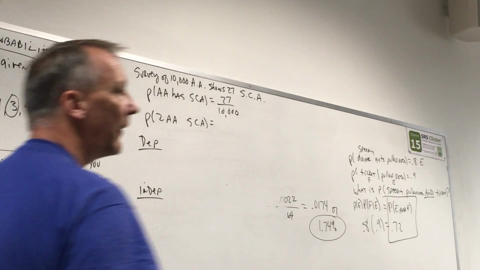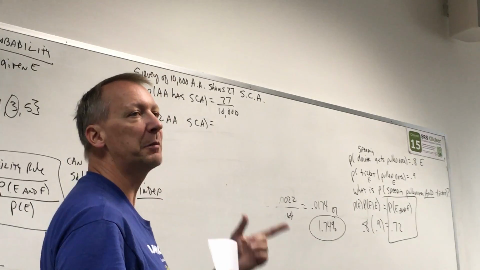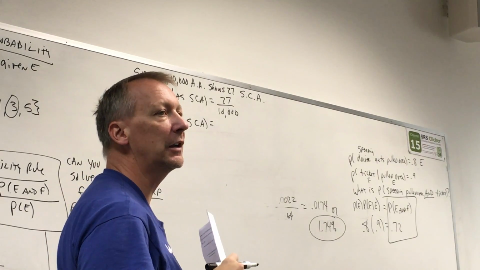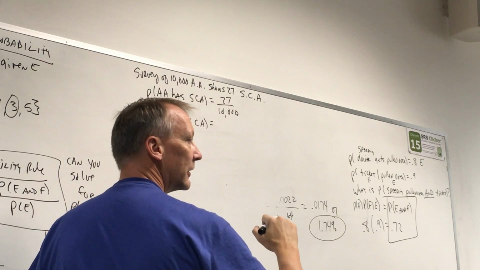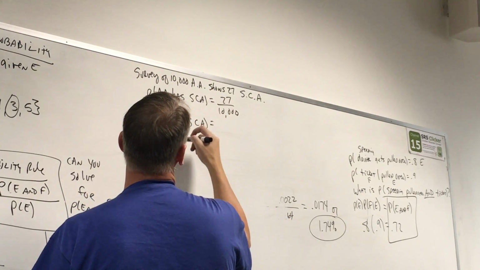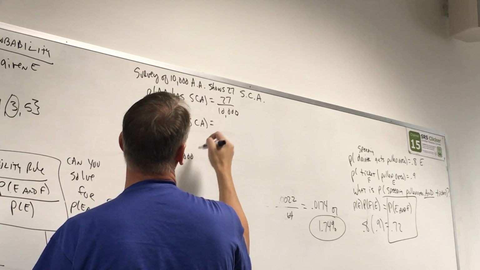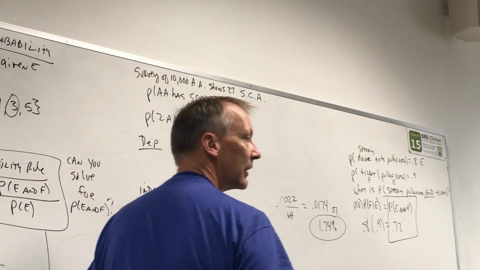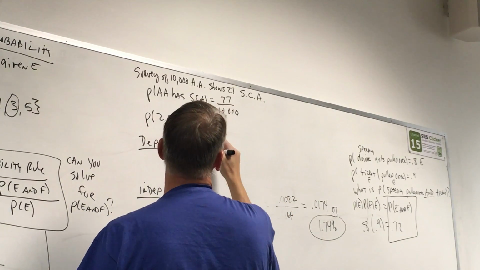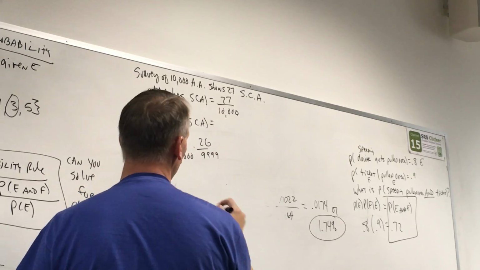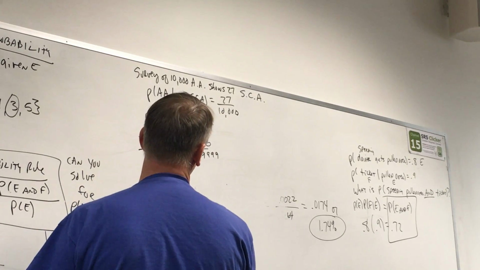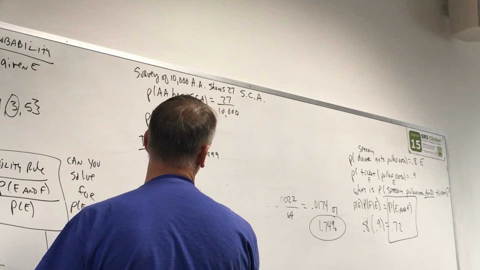If I assume that these are dependent, what's the probability that the first African American gets sickle cell anemia? Brandon. 27 out of 10,000. What's the probability the second one gets it? 26 out of 9,999. If I assume that they're independent, it is 27 out of 10,000 and 27 out of 10,000.